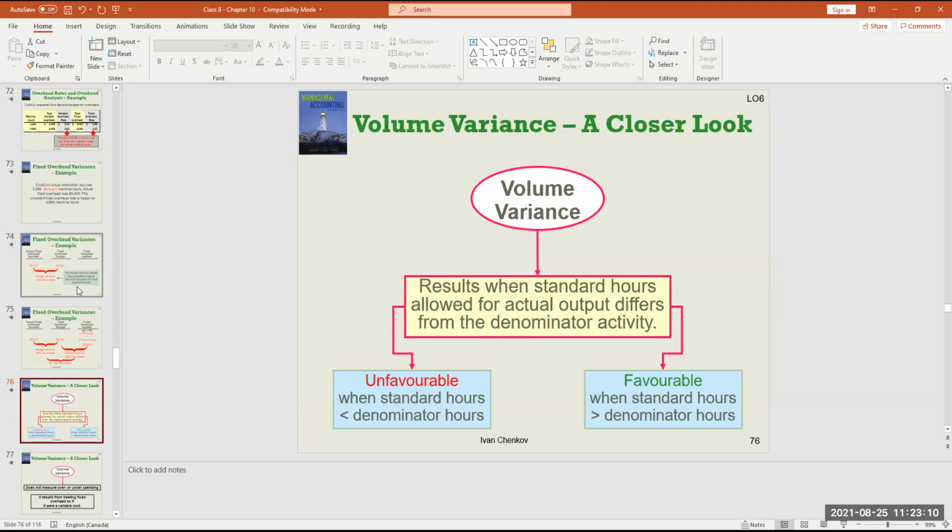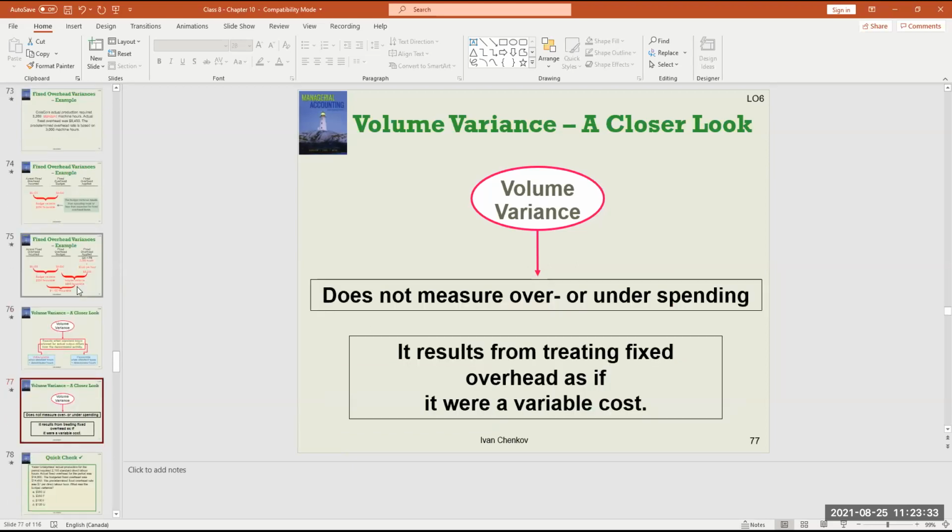We're going to have unfavorable when the standard hours are less than the denominator hours, and favorable when the standard hours are more than the denominator hours. So the volume variance, again, is not going to measure the over or underspending. The volume variance is a result of how we're treating the fixed overhead as if it were a variable cost.